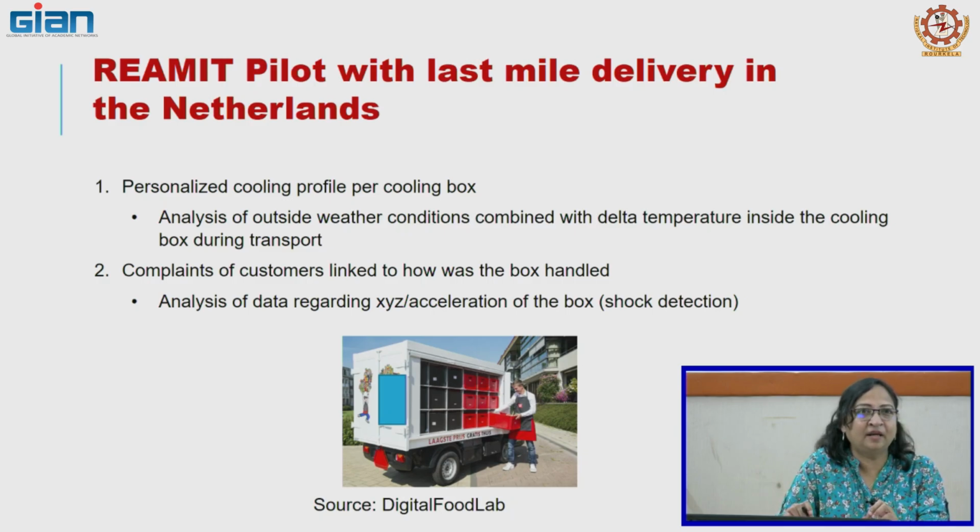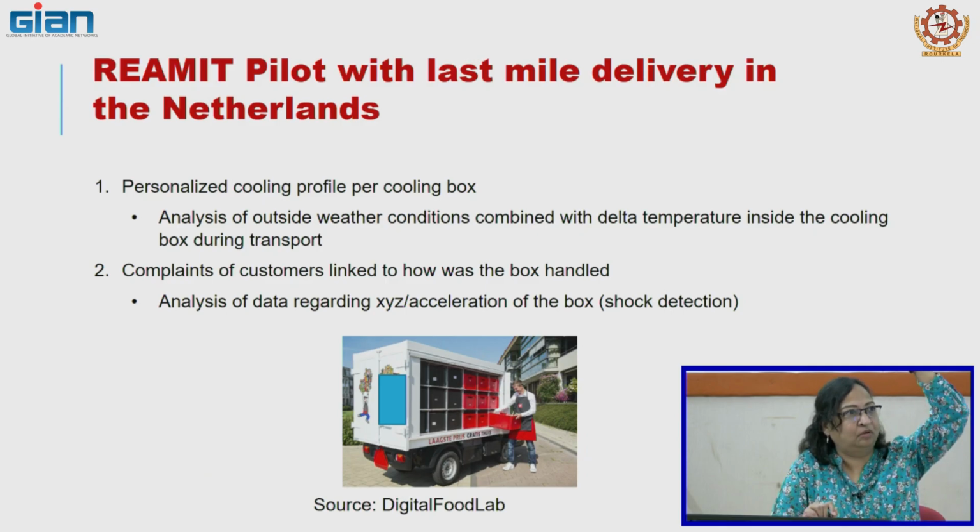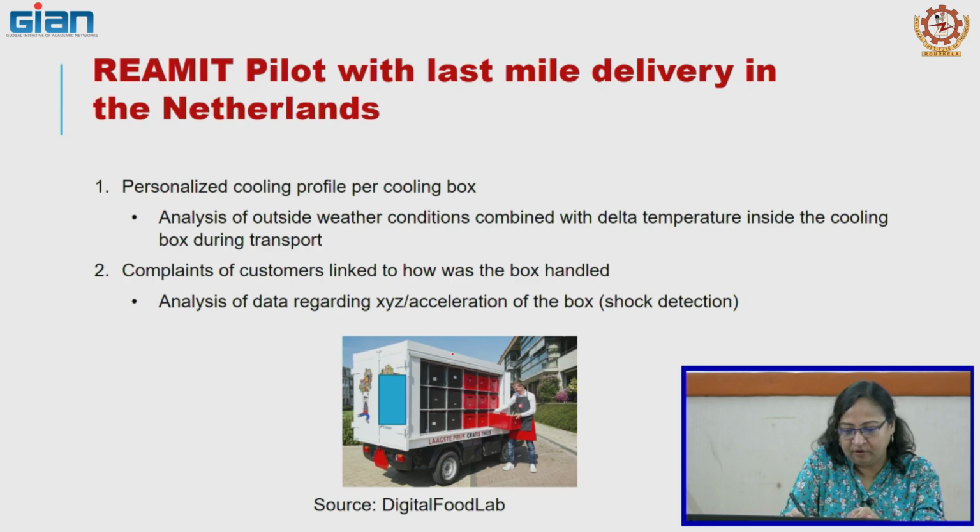So, if you are sending eggs or some frozen items and you do not have a temperature control van, if you look at the van, there is no temperature control. Temperature control means you will have the AC on top of the van. Normally there will be something here for temperature control, but nothing is there. That means it is not a temperature control van, but they are sending some cool items.